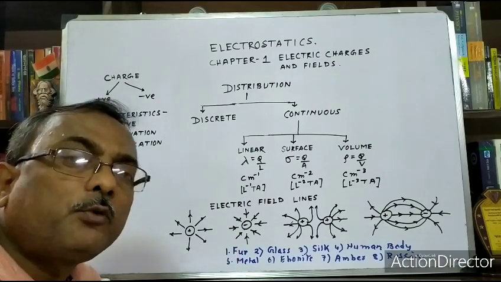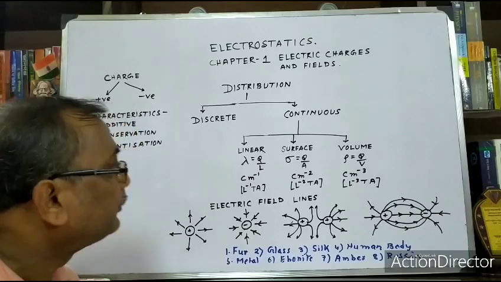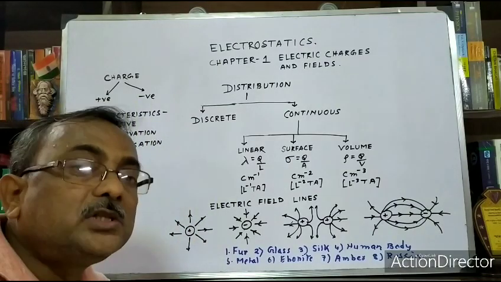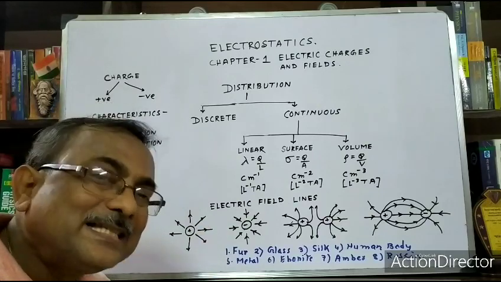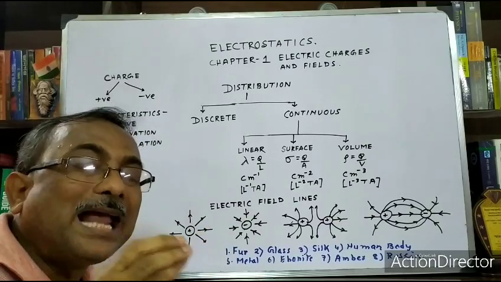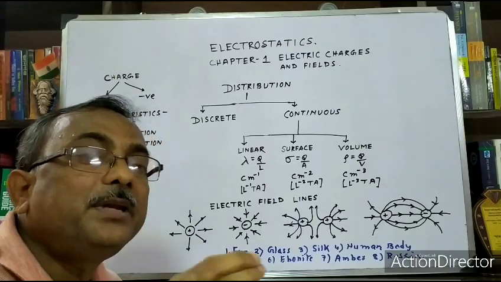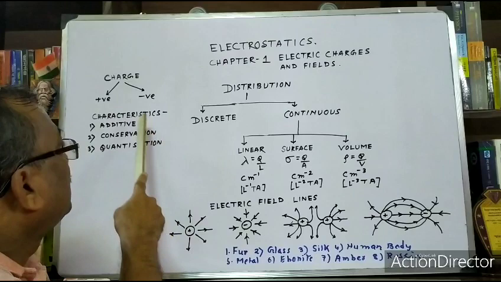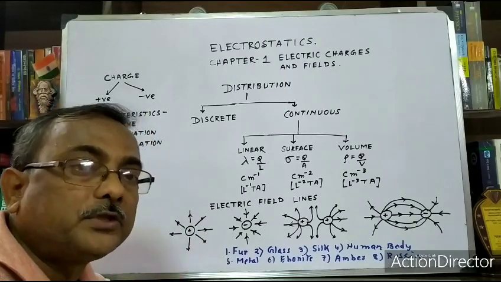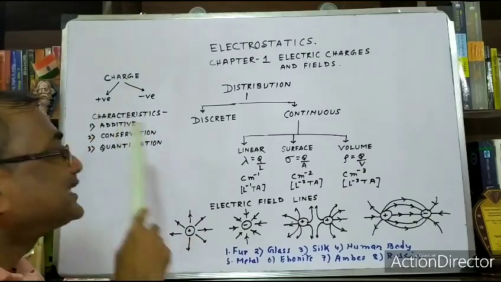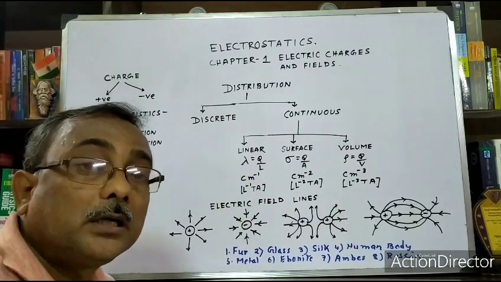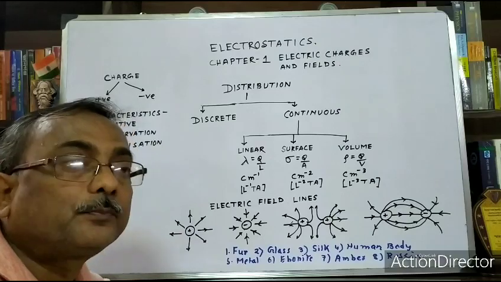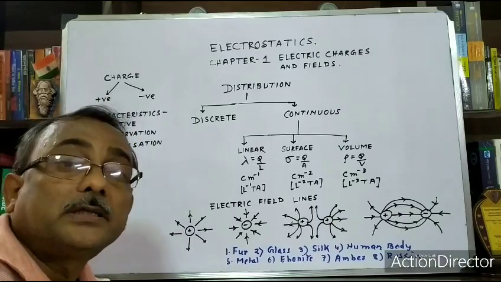If a system consists of many charges, this additive property states that the total charge of the system is simply the algebraic sum of the charges. So this is the additive property of charge. And the second property of charge is conservation. For an isolated system, it states that the total charge is always conserved.